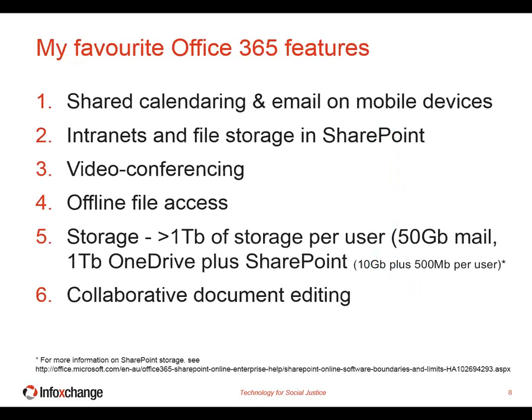So my favourite 365 features, and then I'll stop for questions at the end of this slide, and I've listed 6 here. The first one being shared calendaring and email available on mobile devices. One of the things with organisations that are still using older POP or SMTP-related email is that they often can't see each other's calendars.